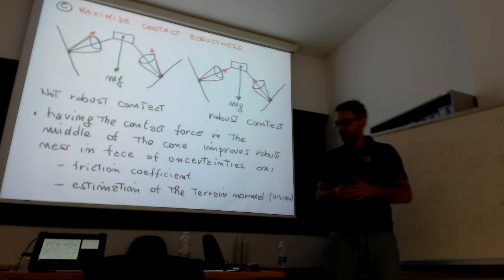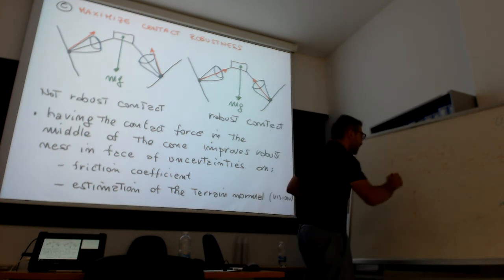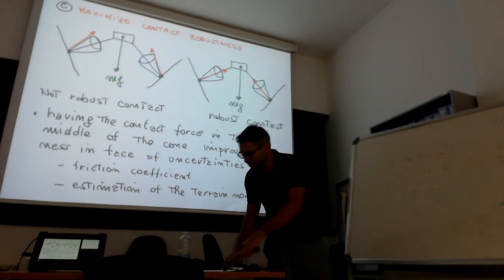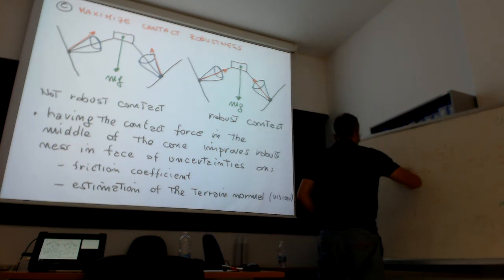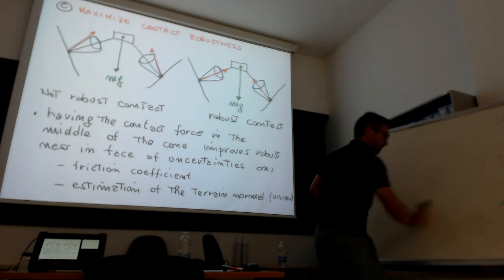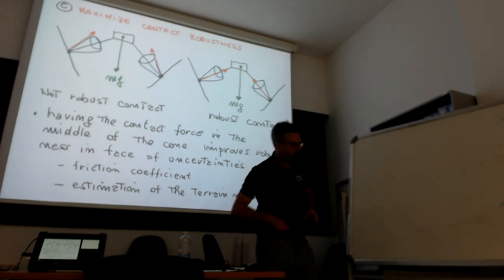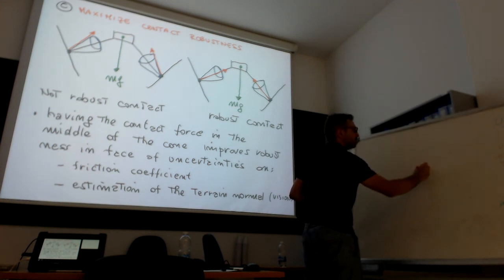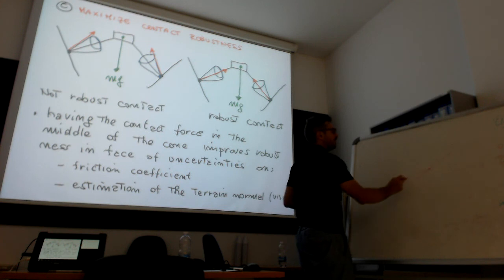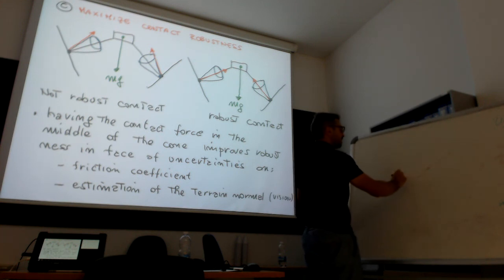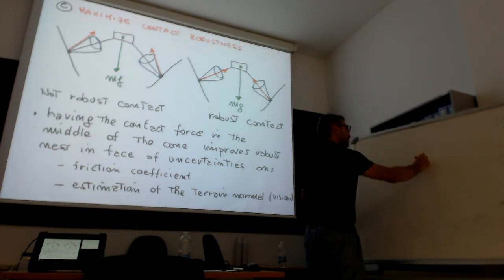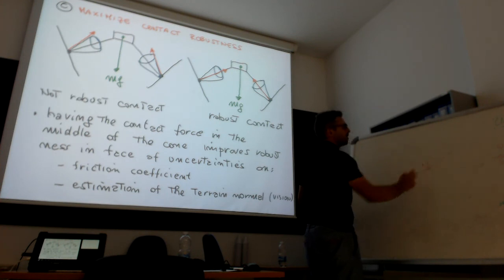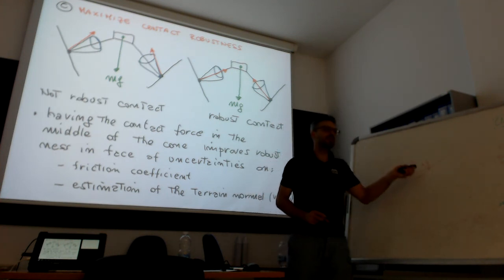Of course, it's wrong, because if you are on a ramp, the two front feet are on the ramp and the back feet are still on the plane. The terrain plane is like this, so you estimate a normal like this. And you use the same for all the cones, but you see here the normal you use is different from the normal you need. And in that case you could have slippage.